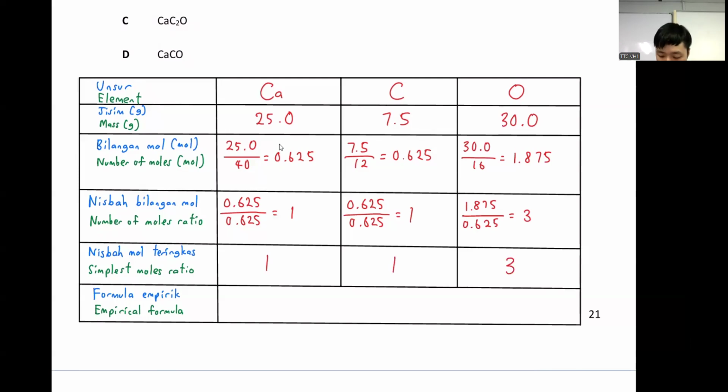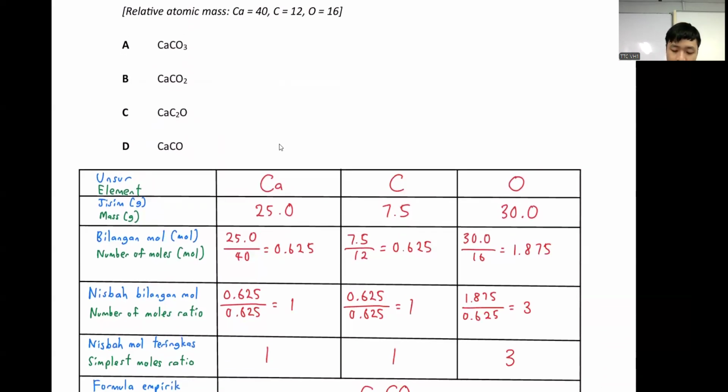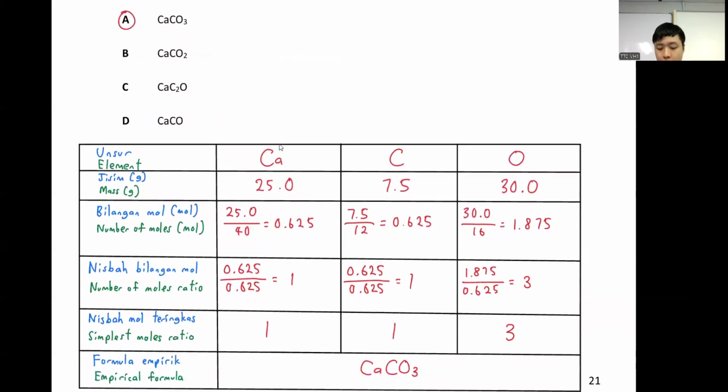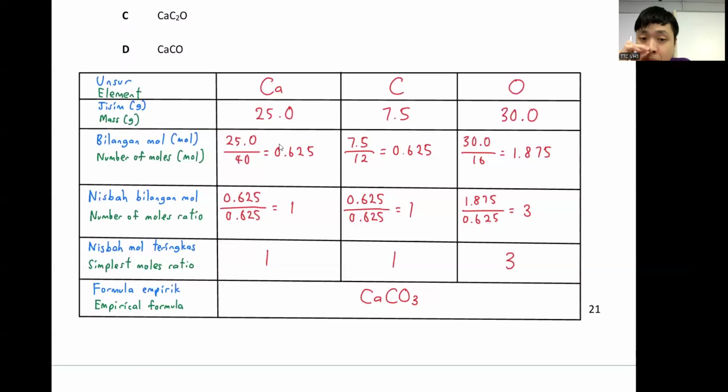It's 1 calcium, 1 carbon, 3 oxygen. That's why you will get A by this method. Understand? I'm sure you learned, but this is just a recap.